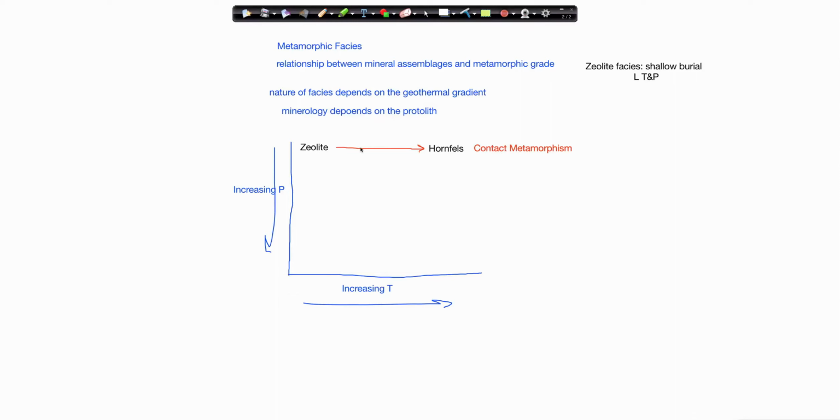So the pathway for contact metamorphism would go from a zeolite to a hornfels. So hornfels is increased temperature, but low pressure. So you're going to get no foliation.